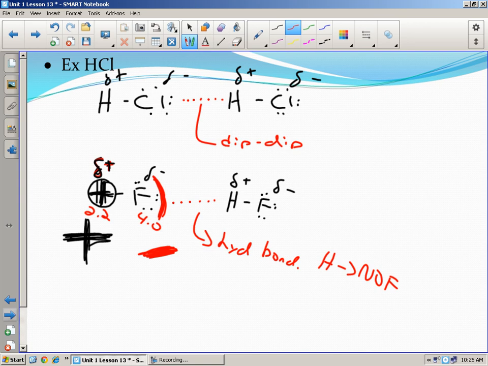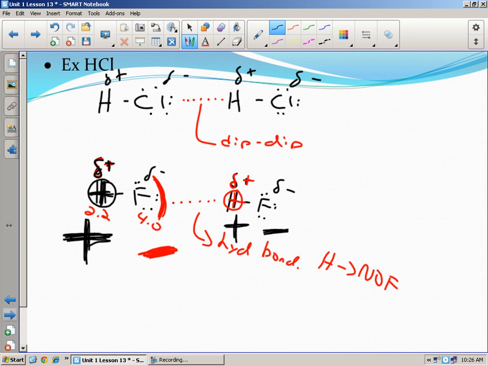Well, guess what? The other HF looks the same. Bare positive nucleus, partial positive, so you get a very positive end and a very negative end. Partial negative, lone pairs enhance the negativity, the attractiveness of that. So you get a very positive end attracted to a very negative end.